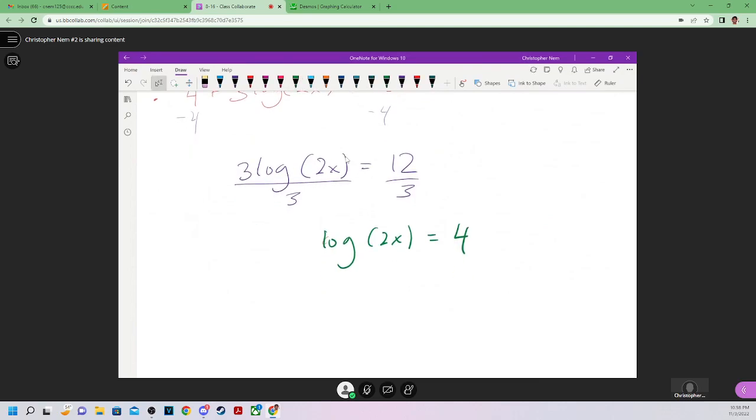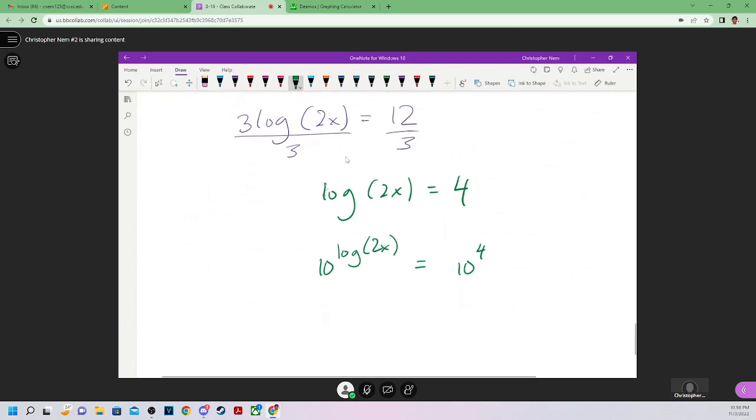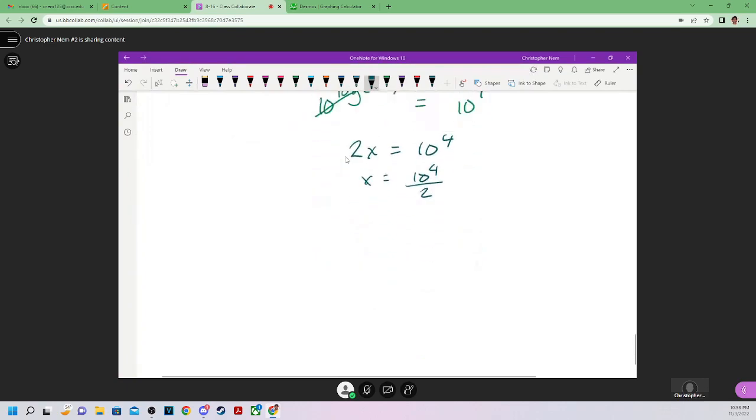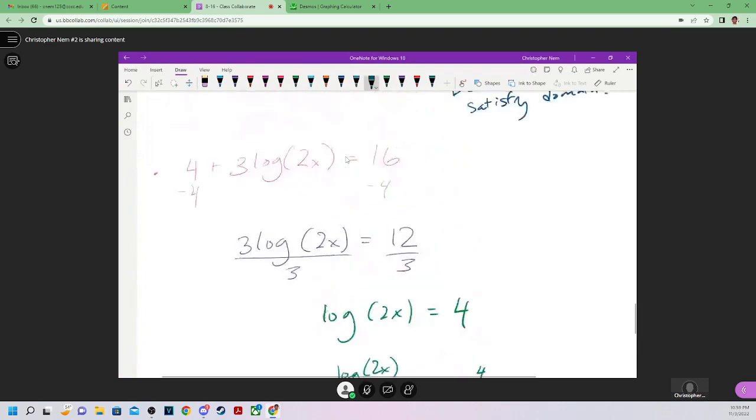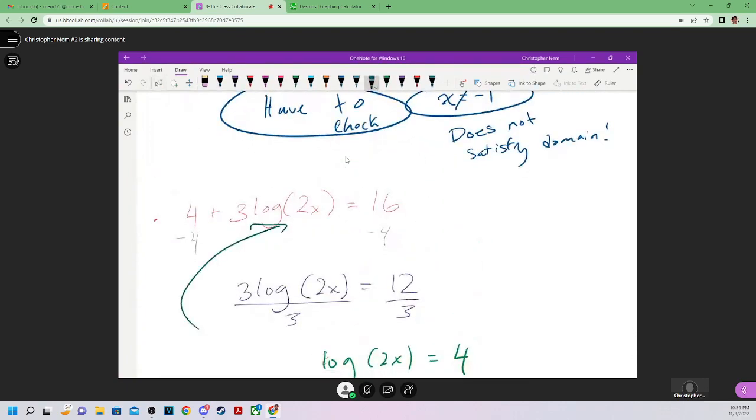I'm going to apply the base 10, the inverse of log, to both sides. These cancel out nicely. I'm left with 2x is equal to 10 to the 4th. x is equal to 10 to the 4th divided by 2. That is your value. If I were to plug in here, you would see it works out nicely.